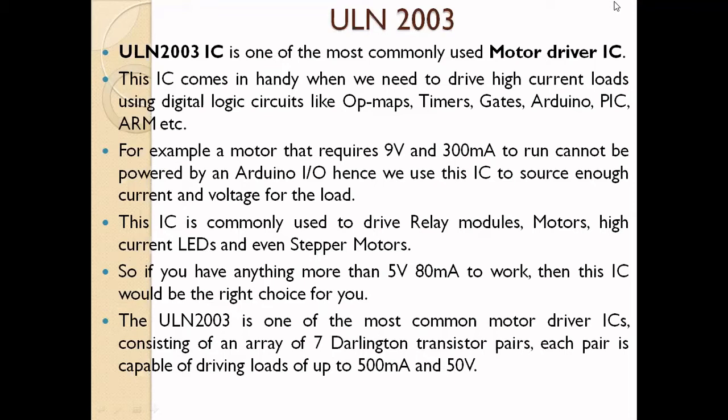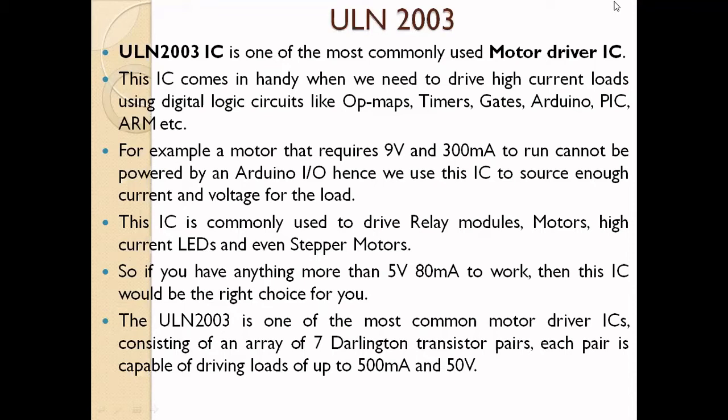Next, ULN2003 is the most common driver IC. Here, there are 7 Darlington transistor pairs. What do we mean by transistor? We have studied various types of transistors: BJT, bipolar junction transistor, field effect transistor, MOSFET, IGBT, JFET, UJT.